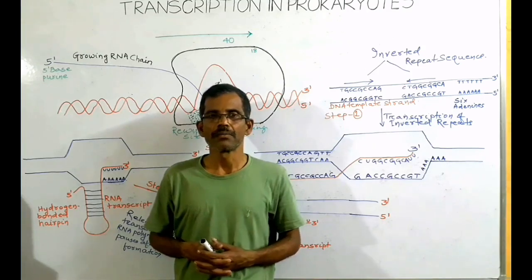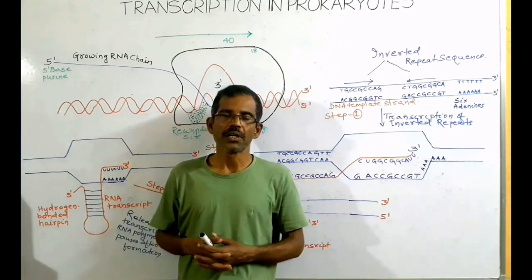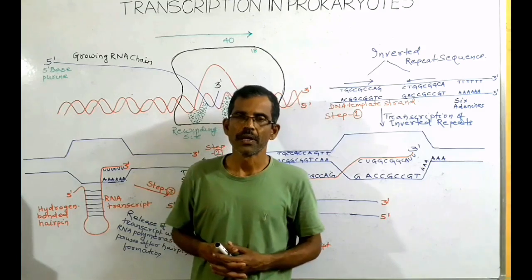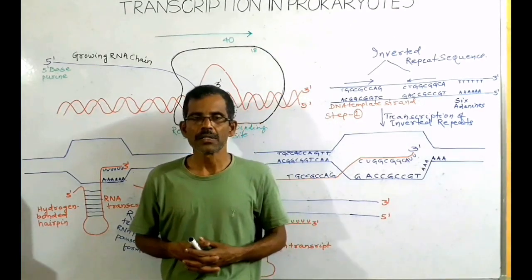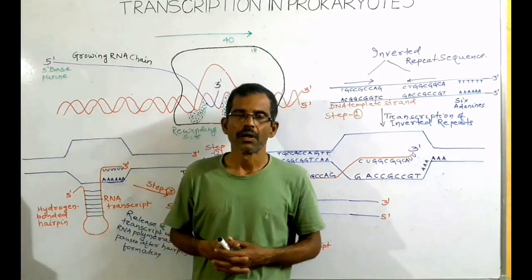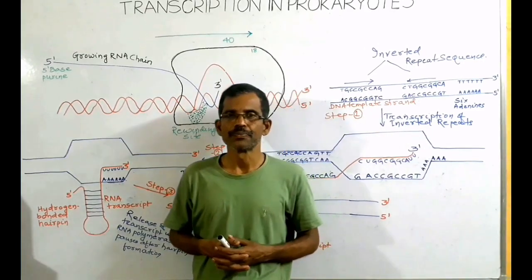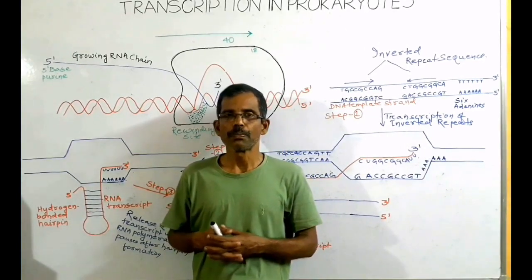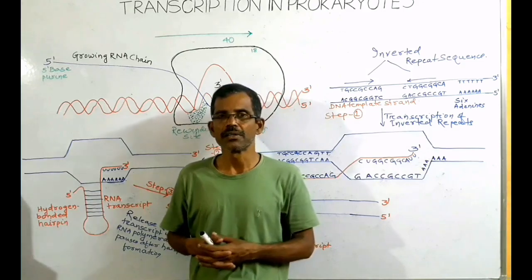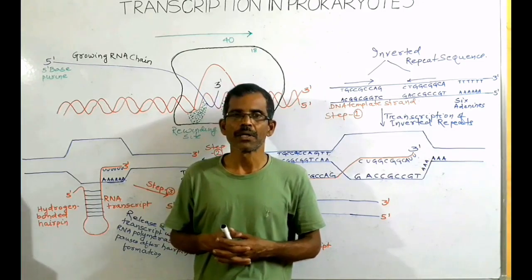At the same time, the growing RNA chain is also released. In E. coli, termination of transcription occurs by two different mechanisms: one is rho-dependent termination, the other is rho-independent termination.